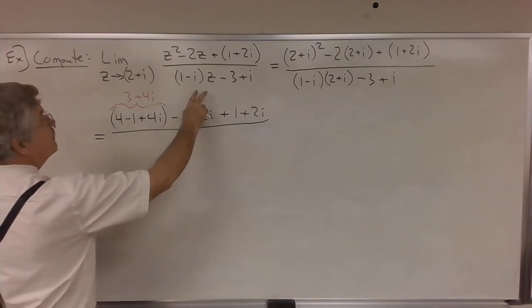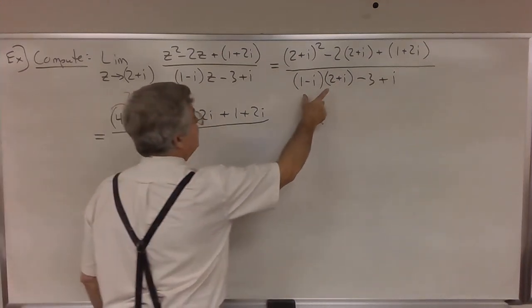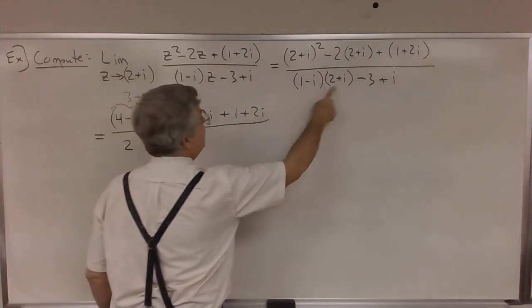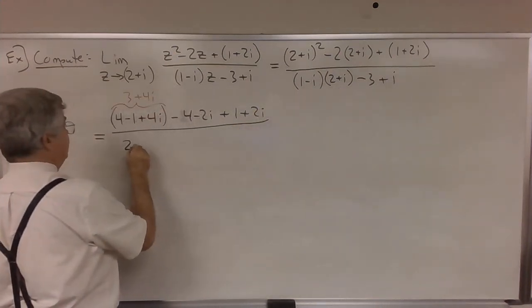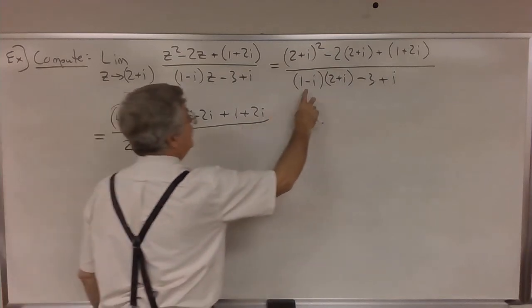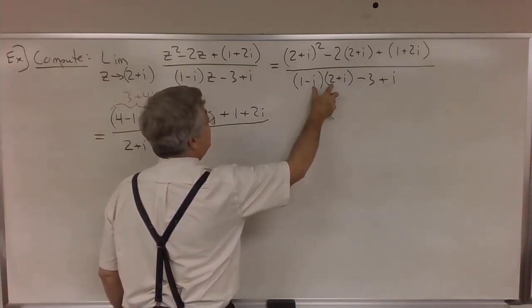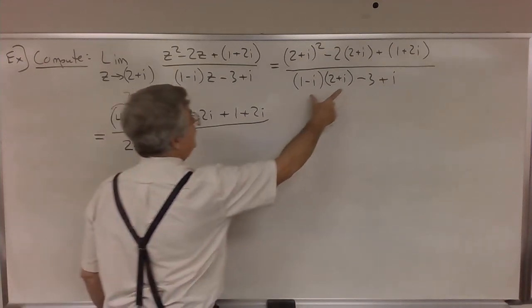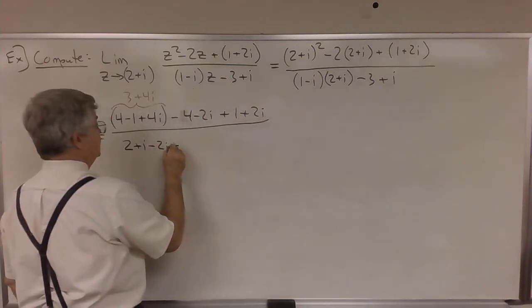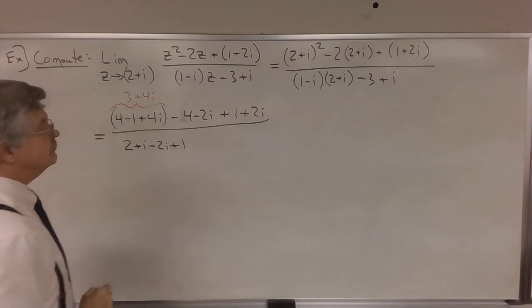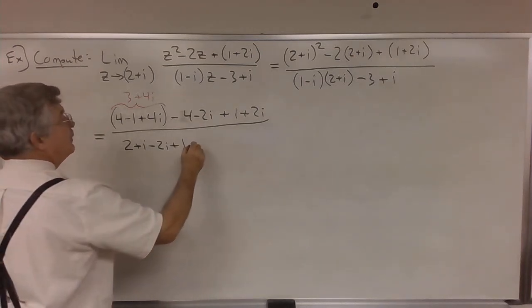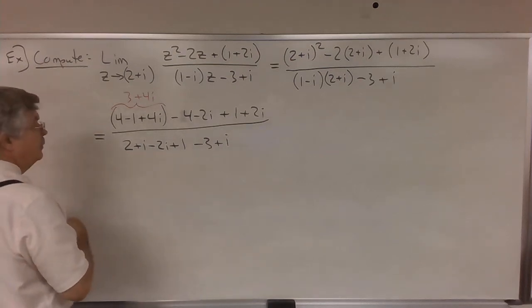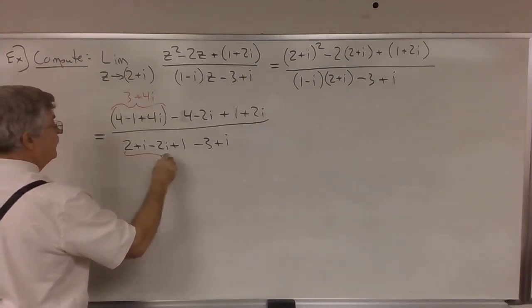And on the bottom, let's see, I have 2 plus i minus 2i plus 1. And then I have minus 3 plus i. And what do I have here?